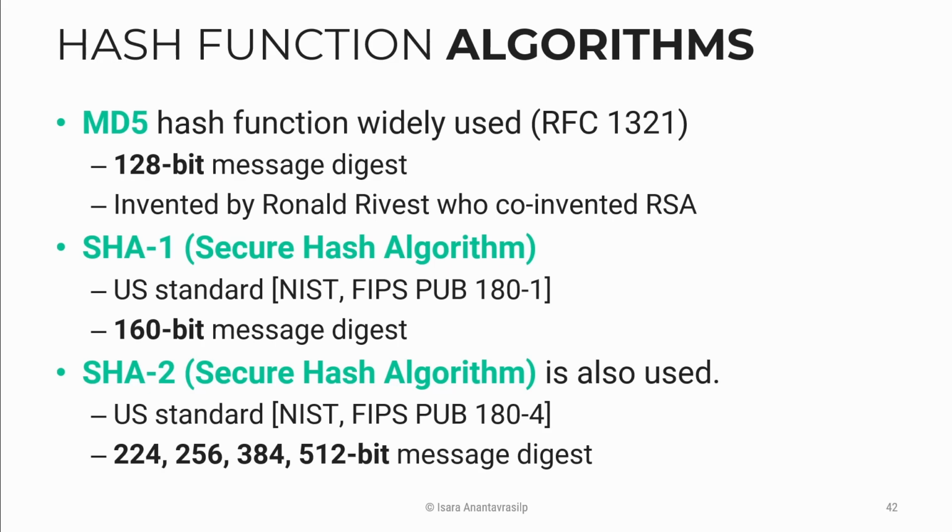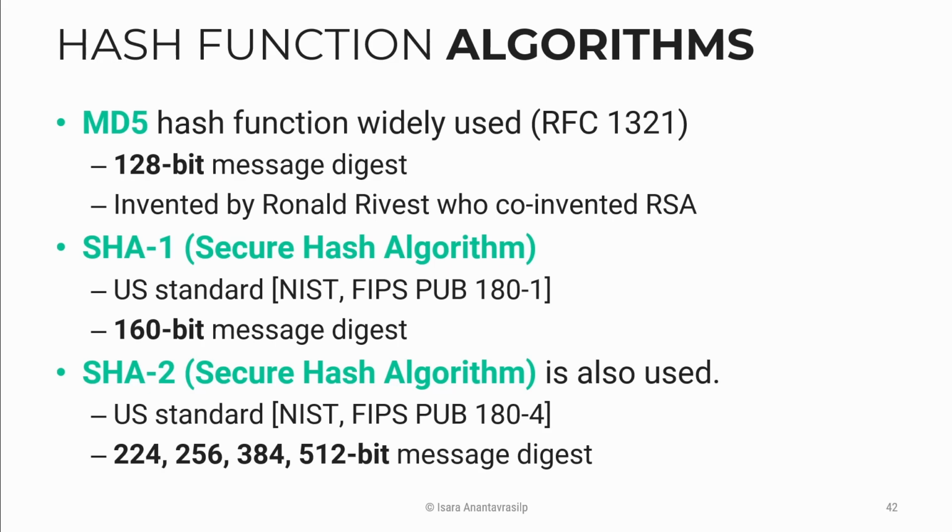Another family of algorithms is the secure hash algorithm, or SHA. The first version, SHA-1, produces a 160-bit message digest. SHA-2, which is currently very popular, produces 4 kinds of digest you can choose from: 224, 256, 384 and 512-bit message digest, and you can configure the algorithm to produce the length of the digest that you like.